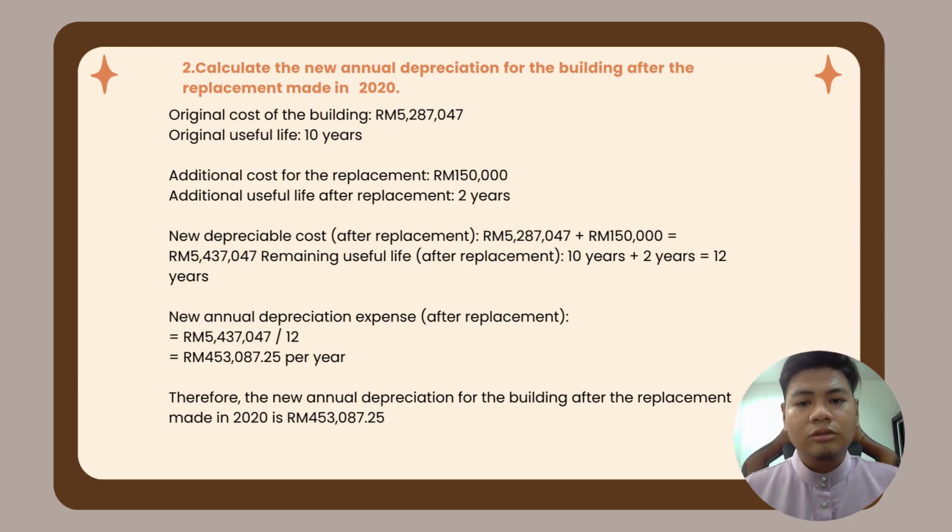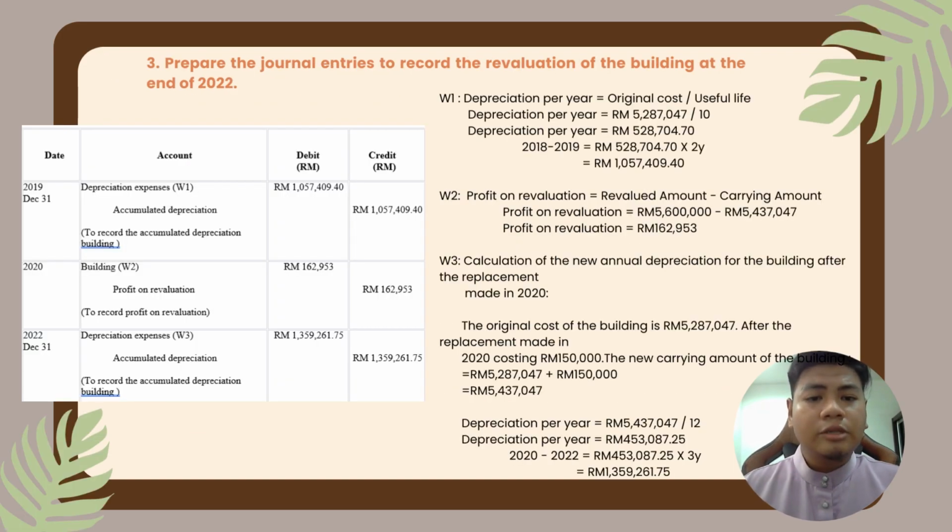So the total is 5,437,047 ringgit, we divide by 12, which means the depreciation per year is 453,087 ringgit 25 cents. Alright, question number 3.